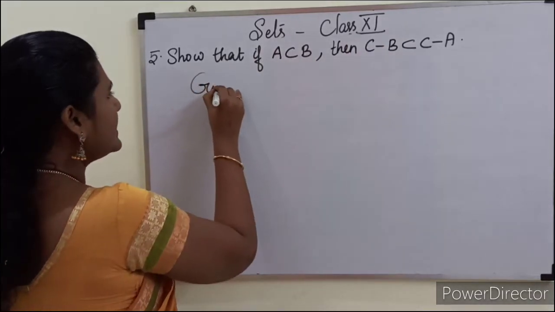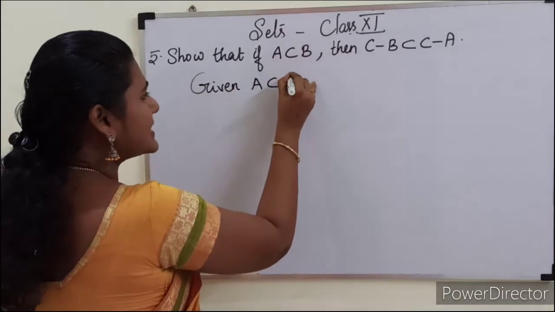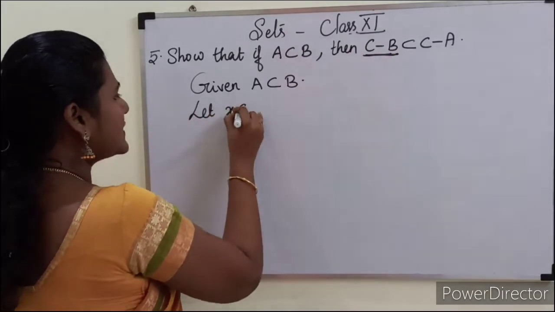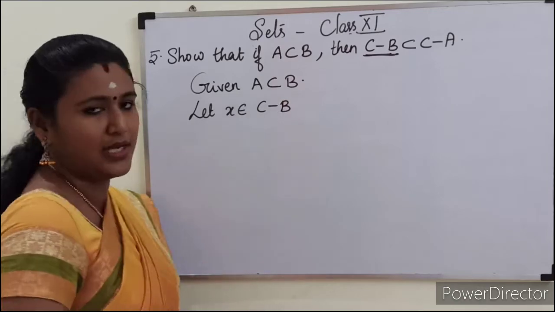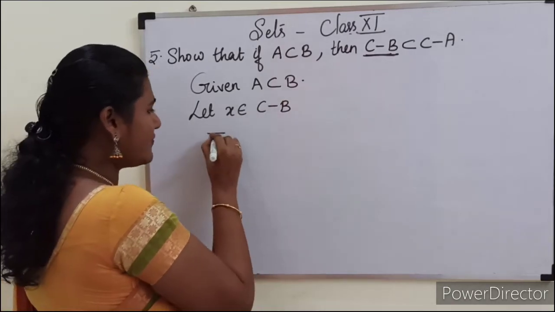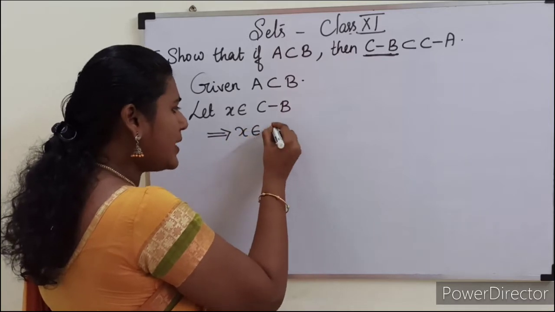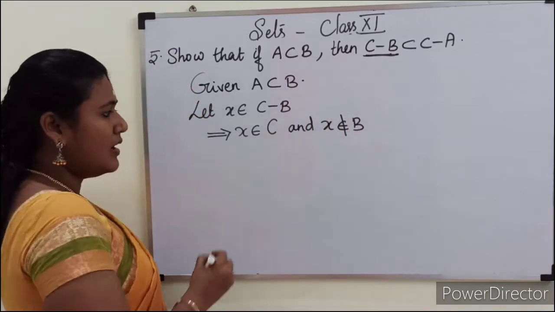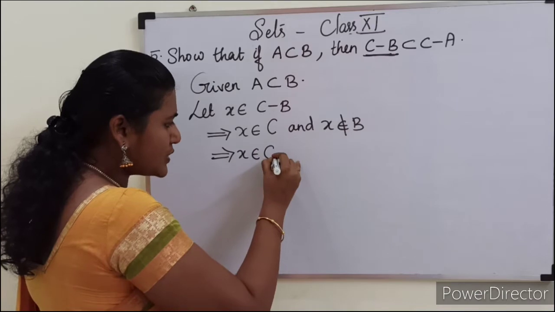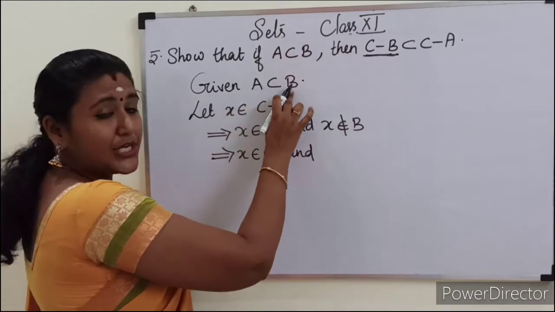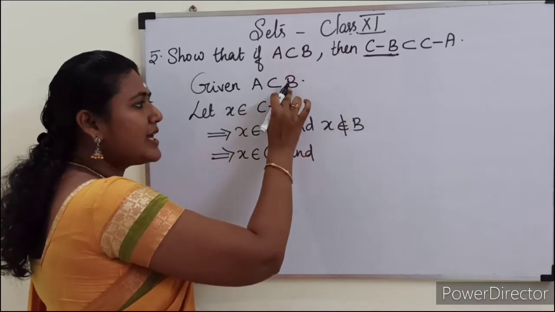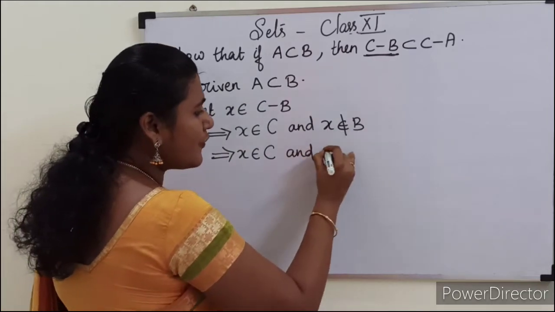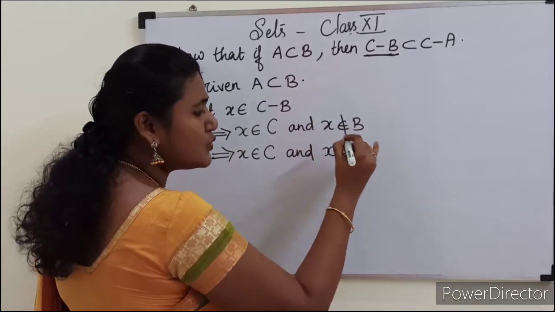The condition given is A is a subset of B. Now we will take an element in C minus B. Let x belong to C minus B. As per the definition of the difference of sets, we can write this as x belongs to C and x does not belong to B. Now if x is not there in B, x will not be there in A also, since A is a subset of B. So we can write x does not belong to A also.